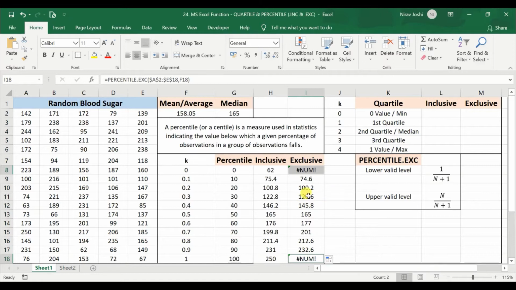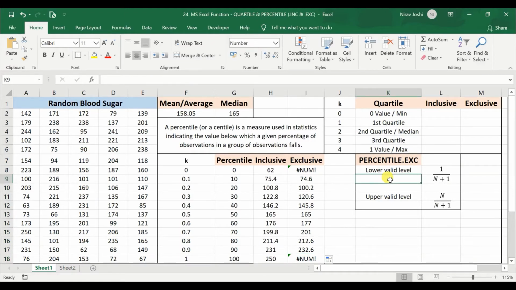That is because for this specific function, there is a specific lower valid level and upper valid level of percentile value or k value. So if the k value is below this lower level, then it will show this error as well as if the value of k is above this upper level, it will also show the error.